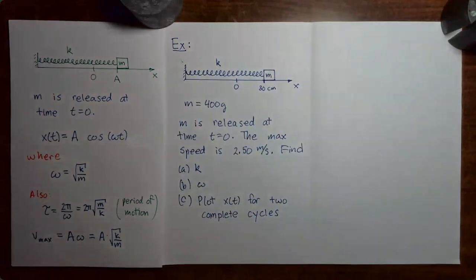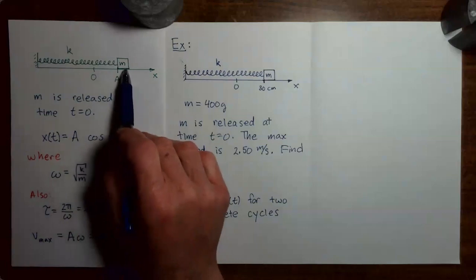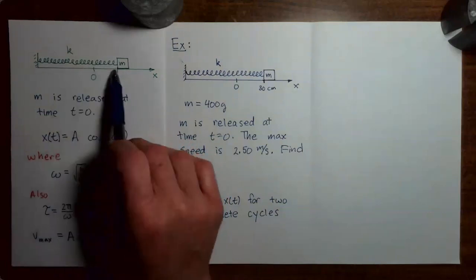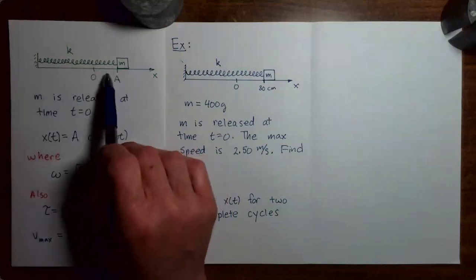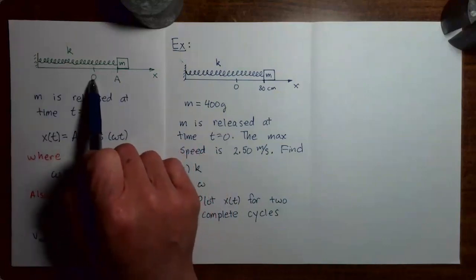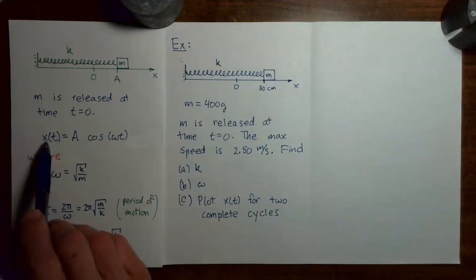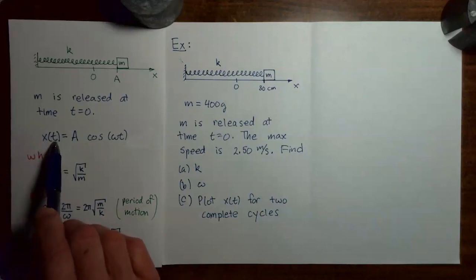In the last few videos, we've been studying the problem of a mass attached to the end of a spring and then released so that it oscillates back and forth around the equilibrium position of the spring. In the last video, we learned how to write down a function which gives the position of the mass as a function of time.